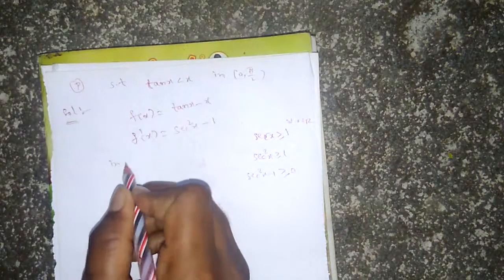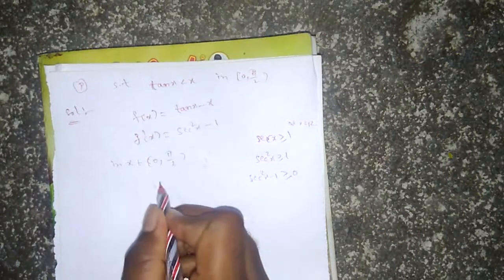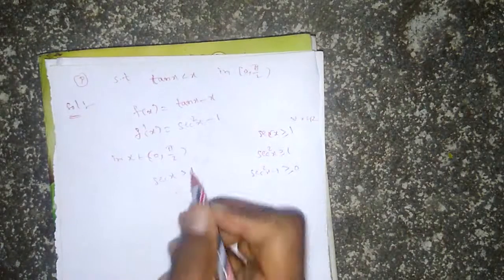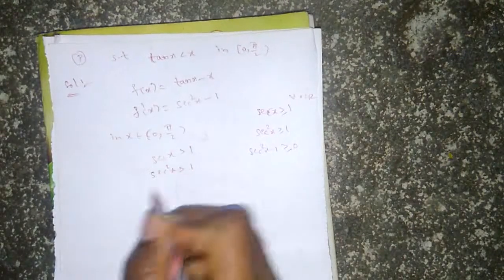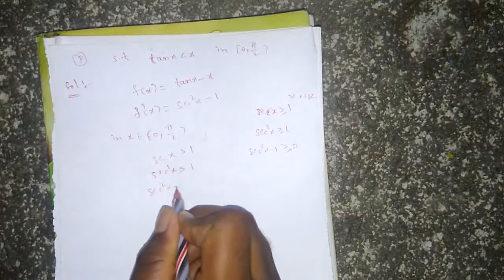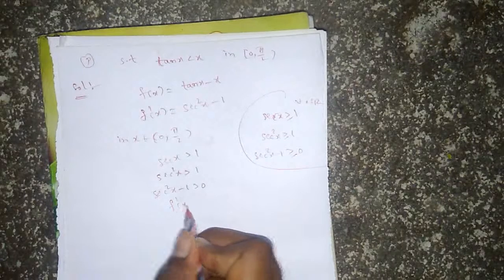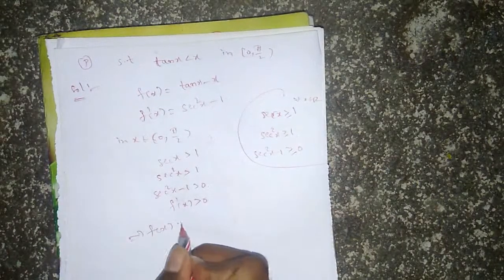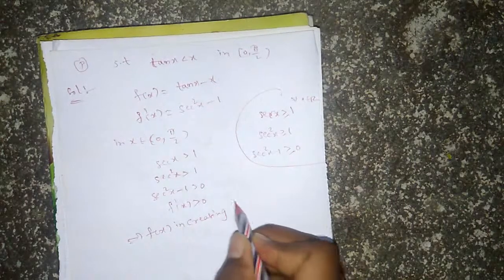Here in x belongs to (0, pi by 2), secant x is always greater than 1, since secant 0 is 1. So secant square x minus 1 is greater than 0. That is f dash of x greater than 0, which implies f of x is increasing in the given interval.